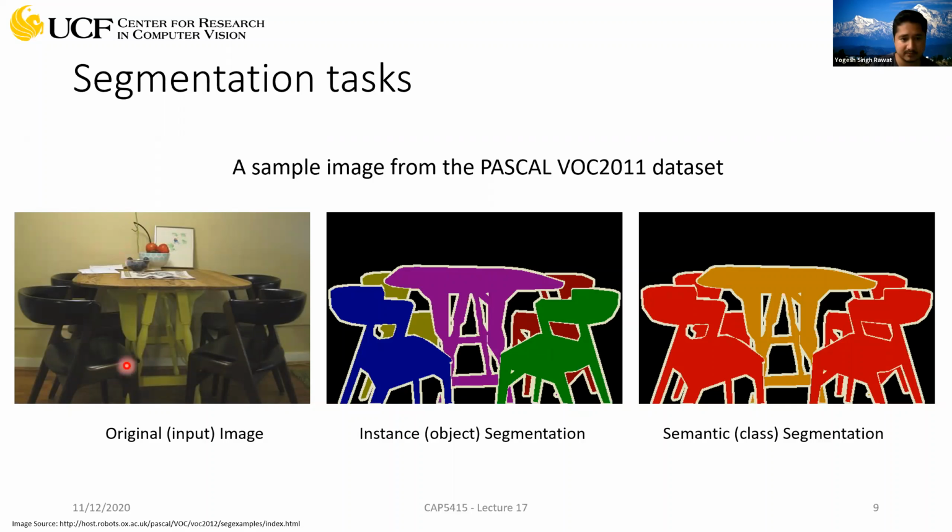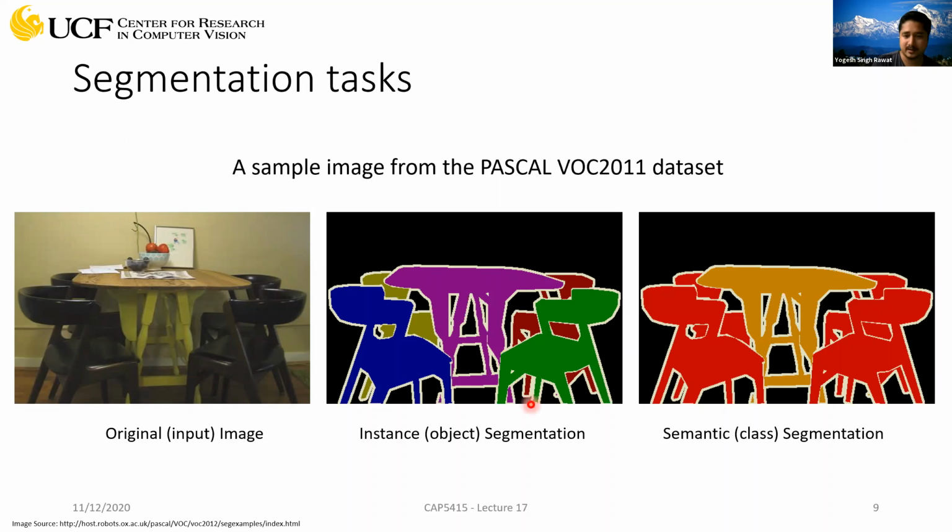Let's say you have this input image, and if you focus on the chairs here, you have 4 different chairs, right? If you're performing just semantic segmentation, then each of these pixels should say that it is a chair, and they don't care that there are 4 different chairs. That's semantic segmentation, the annotation you have on the right. So you're not differentiating between different instances of chairs.